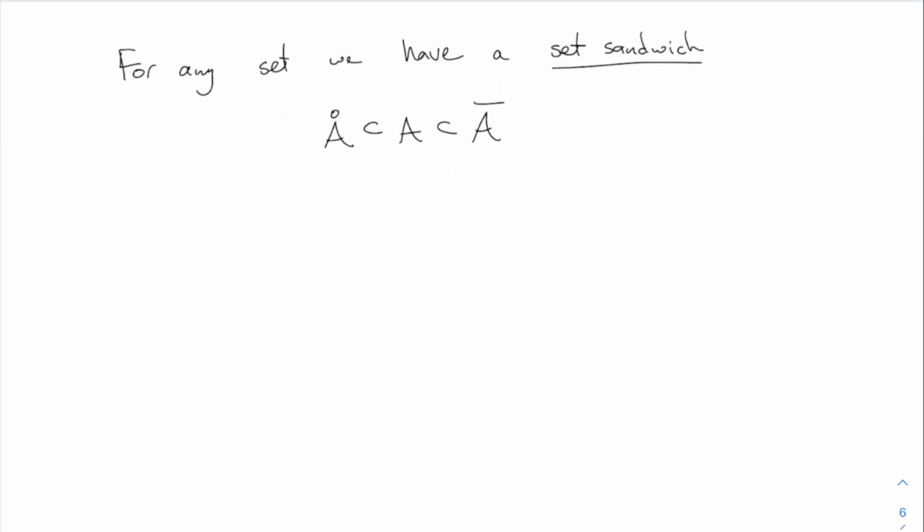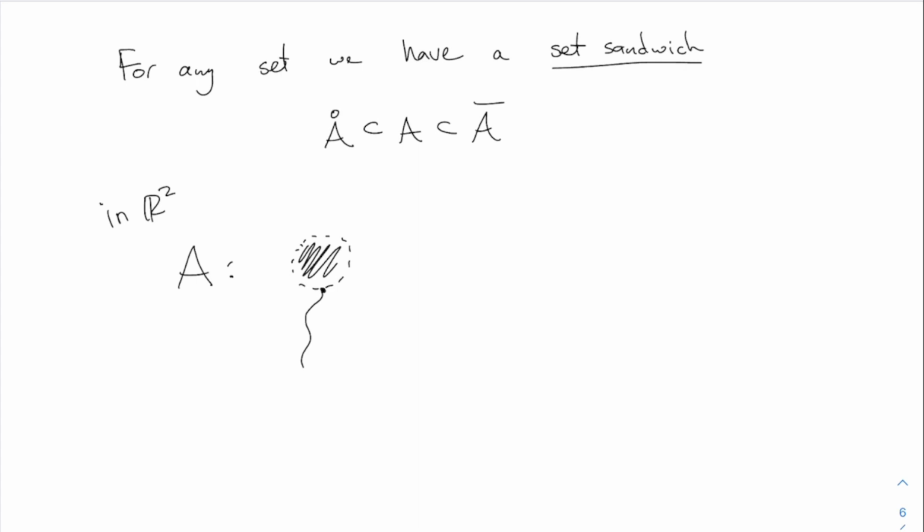But here's an example. Let's say in R2, just so that we have a cute example in R2. Let's say that A is sort of this weird kind of balloon sort of a thing.